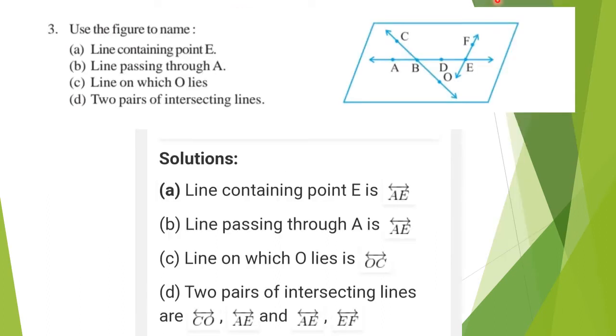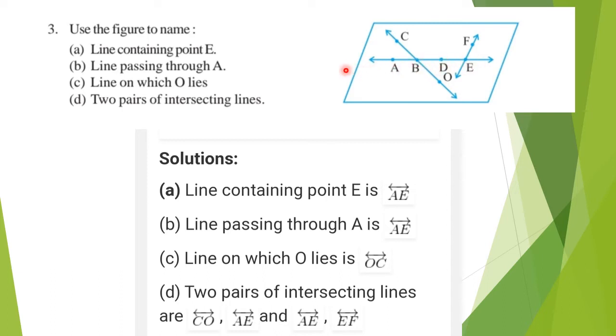Use the figure to name the line containing point E, the line passing through A, the line on which O lies, and 2 pairs of intersecting lines. The line containing point E is line AE. The line passing through A is line AE.